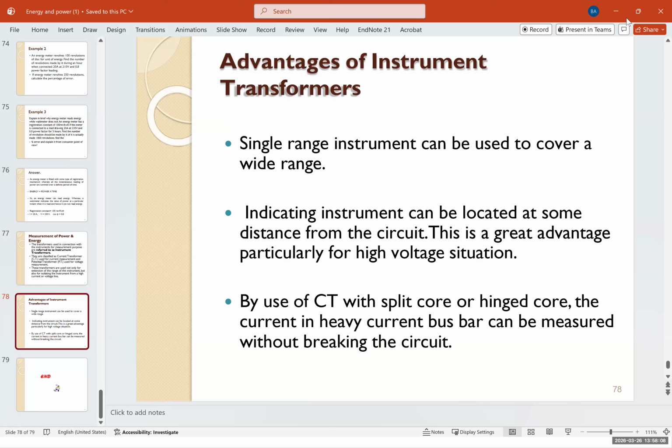So that's the main reason we use transformers. It acts like a breaker as well to protect the device. Single range instruments can be used to cover a wide range. The indicating instrument can be located at some distance from the circuit. This is a great advantage, particularly for high voltage situations.